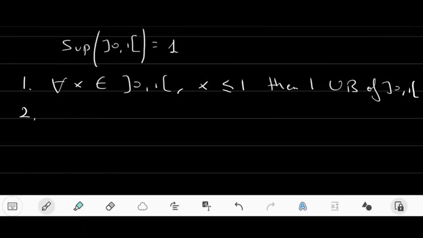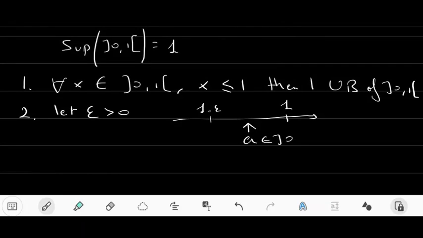The second point is to prove that if you choose any epsilon positive number, even if it's very small, you should be able to prove that 1 minus epsilon is not an upper bound of the set. So we let epsilon be a positive number that can be very small, and try to prove that between 1 minus epsilon and 1 we can find an element A of the set.